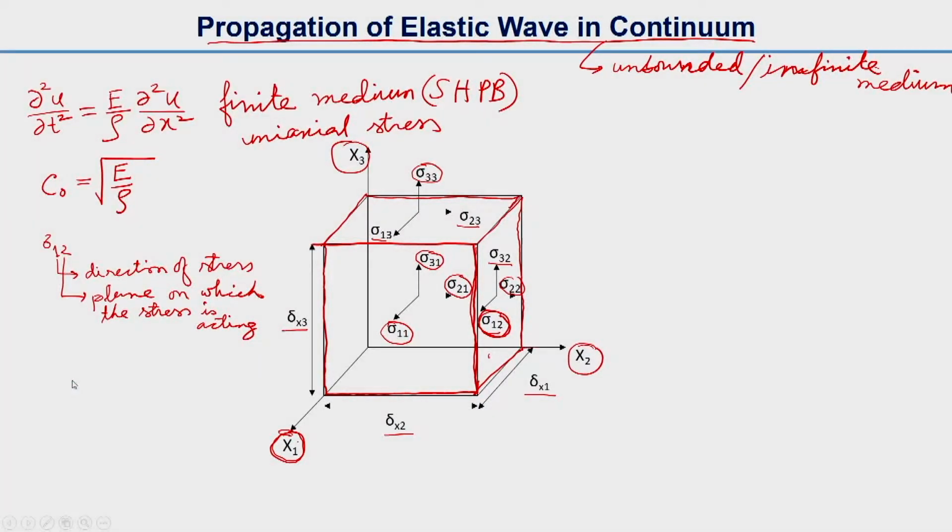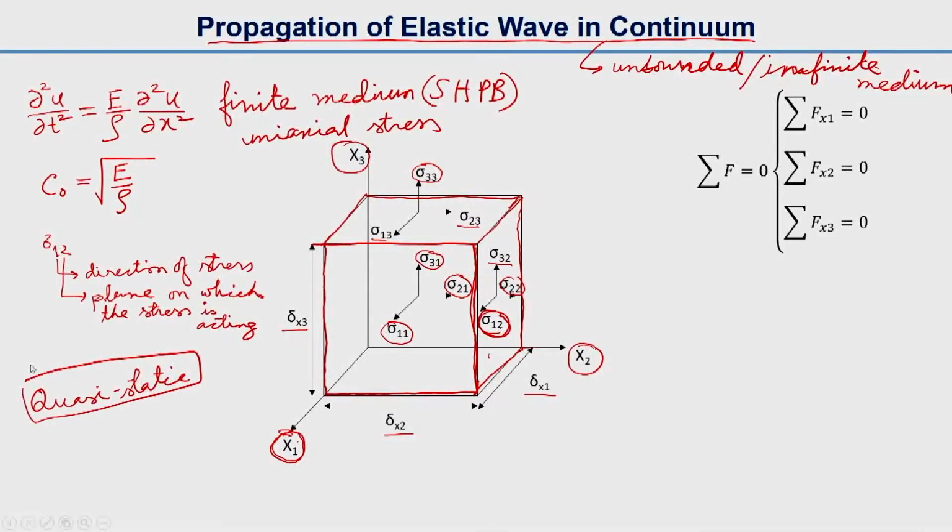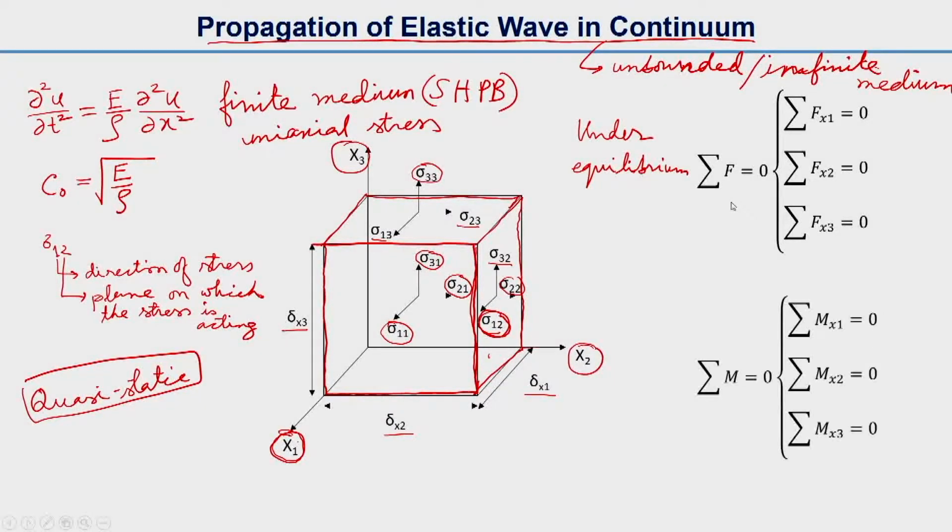And under equilibrium, we are assuming that this is a quasi-static case, and we think that this is under equilibrium. So under the static equilibrium conditions, the summation of forces is equal to 0 and the summation of moments is equal to 0.